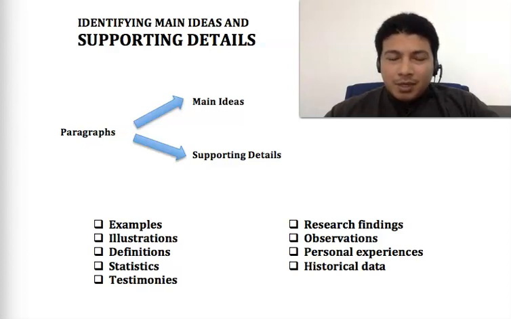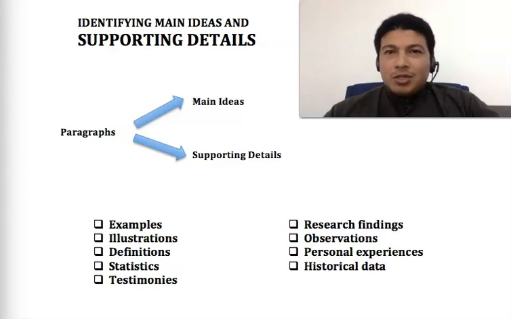For example, if the main idea is talking about your trip to the Perhentian Island, and then you illustrate your experience. So you give a vivid explanation of what the place is like, the color of the beach, the color of the sands, the view, everything.